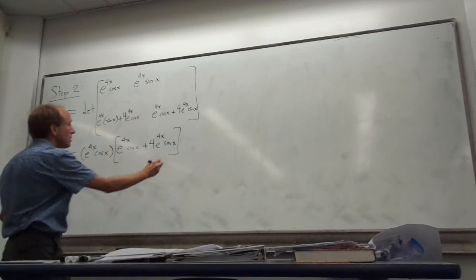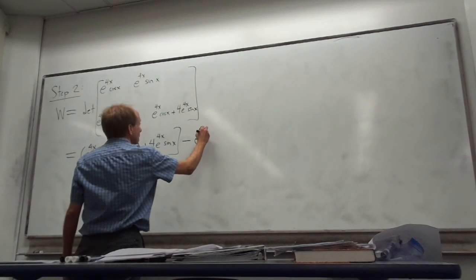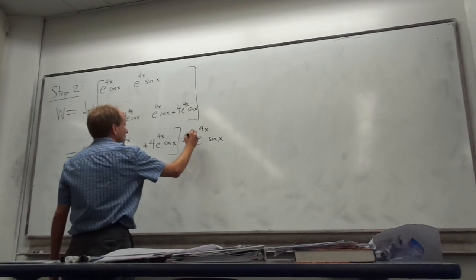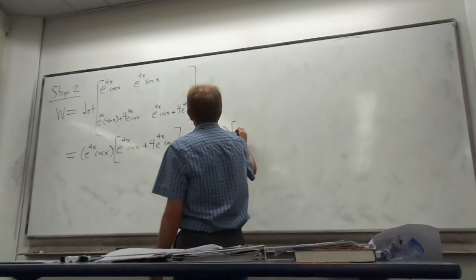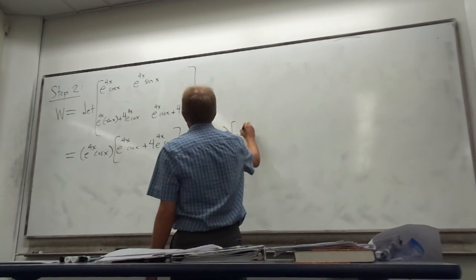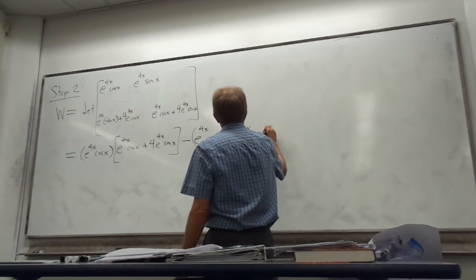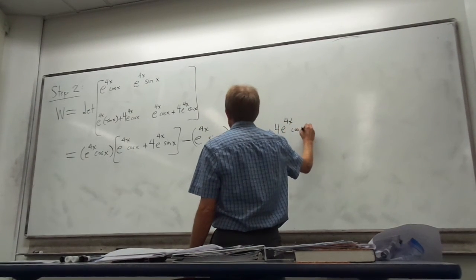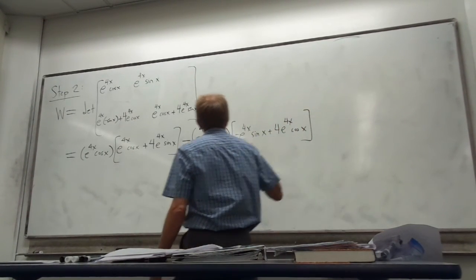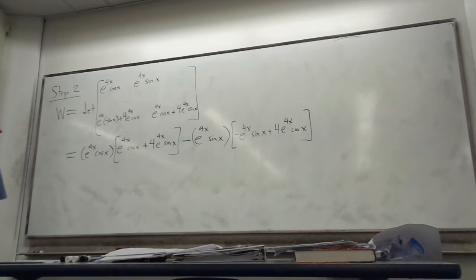And then minus e to the 4x sine x times negative e to the 4x sine x plus 4e to the 4x cosine x. I sure hope something's going to cancel. Otherwise, it's not going to be very easy. Is anything canceling?